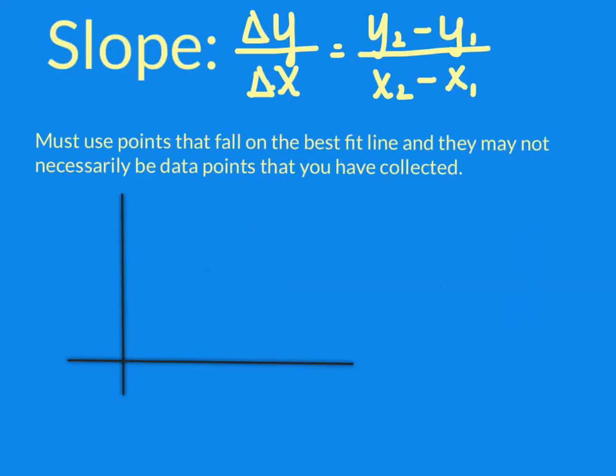So the next thing we would want to know from our best fit line is the slope. The slope formula is change in y over change in x, and this delta here means change. So we want to show the change, or how the y-axis is changing, one point minus a second point, or difference. And again, on the x-axis, the change between one point and another point.